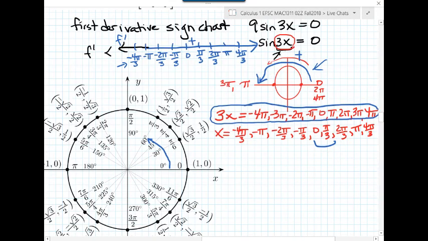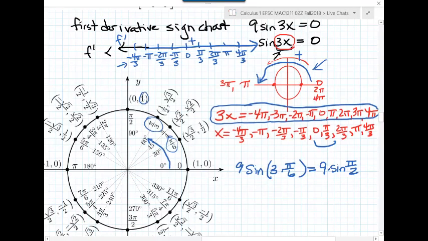So I'm thinking two different things here, and I'm going to mention them both just in case it's easier for you to think about. All right, since we're talking about the first derivative is 9 times the sine of 3x, it's like taking 9 times the sine of, instead of the values that are here, 3 times those values, right? So we're losing these denominators.